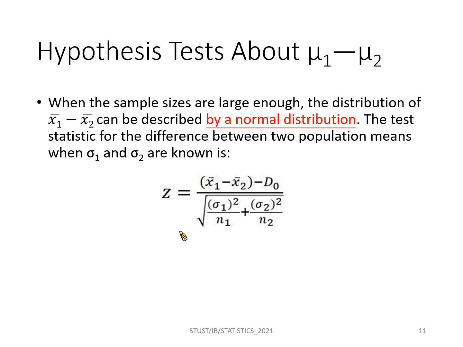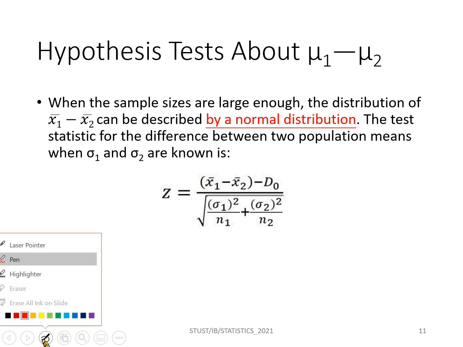So when the sample sizes are large enough, just like what we introduced, we can describe it as a normal distribution. Then in such conditions, the test statistic for the difference between the two population means is z, because it follows the normal distribution curve.